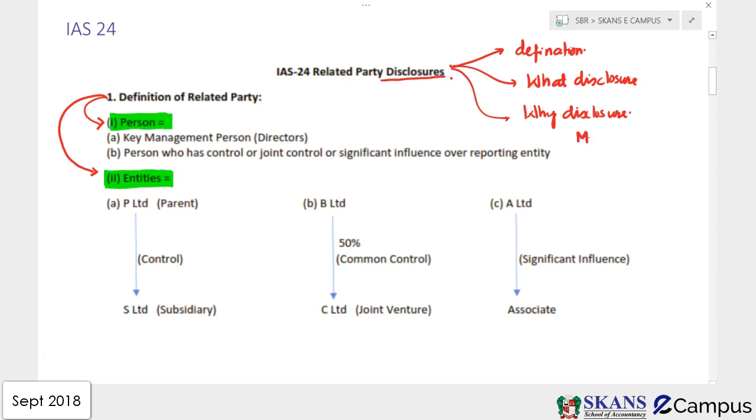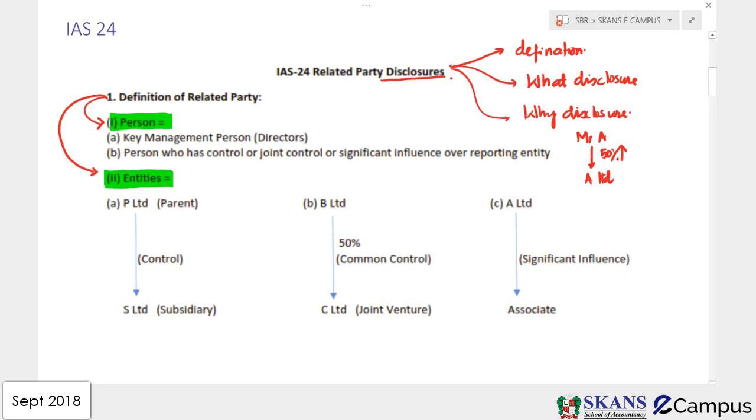Just assume that there is a Mr. A who has more than 50% shares of A limited company. Now we can say Mr. A, which is an individual, is a related party to A limited because he has more than 50% shares, and this shareholding is giving Mr. A control. So Mr. A is a related party to A limited.